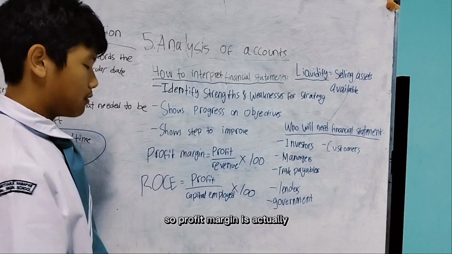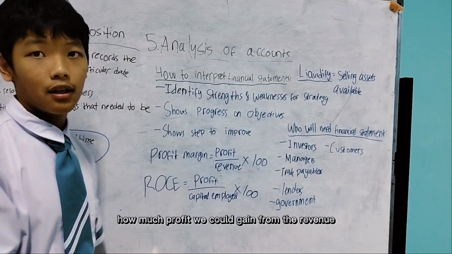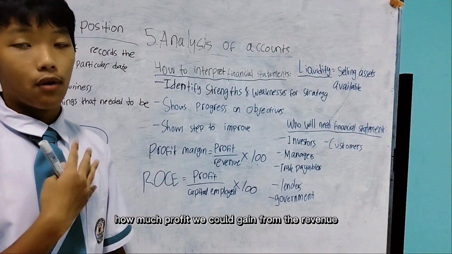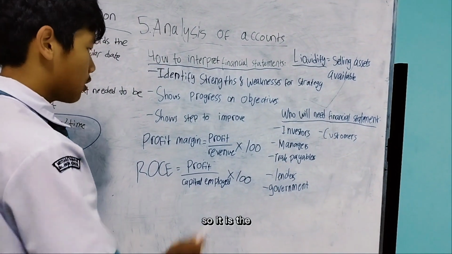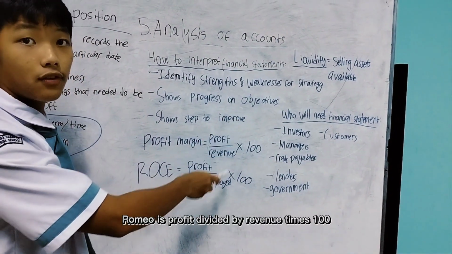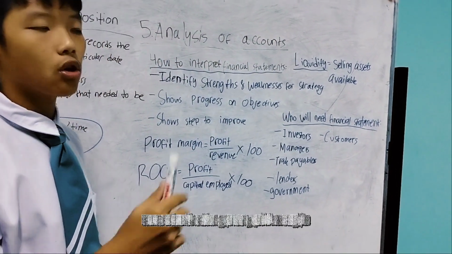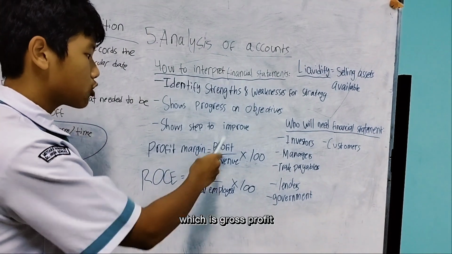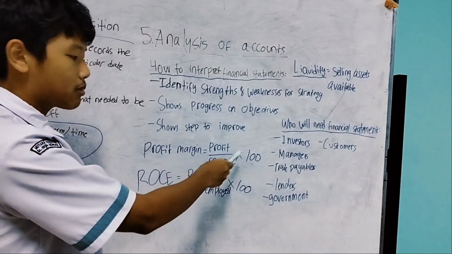And profit margin is how much profit we could gain from the revenue. The formula is profit divided by revenue times 100. There's also gross profit margin, which is gross profit divided by revenue times 100, which is how much gross profit we could get out of the revenue. And ROCE is basically how much bang you get for your buck.